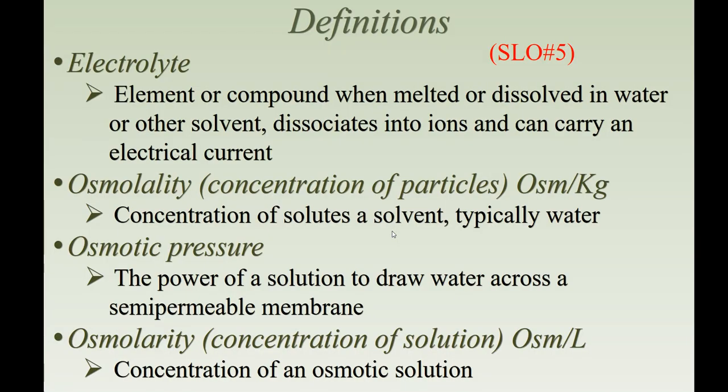So some definitions. An electrolyte is an element or a compound that, when melted or dissolved in water or another solvent, dissociates into ions and can carry an electric current. Osmolality is a measure of the number of dissolved particles in a fluid.